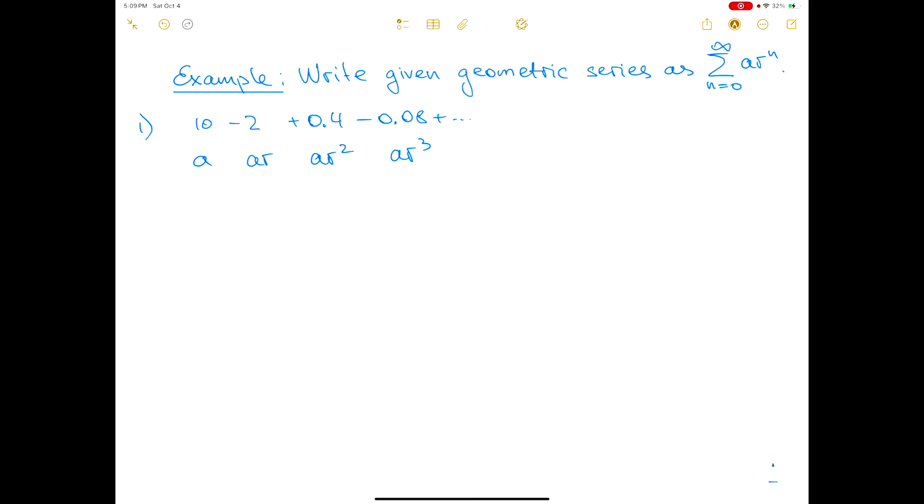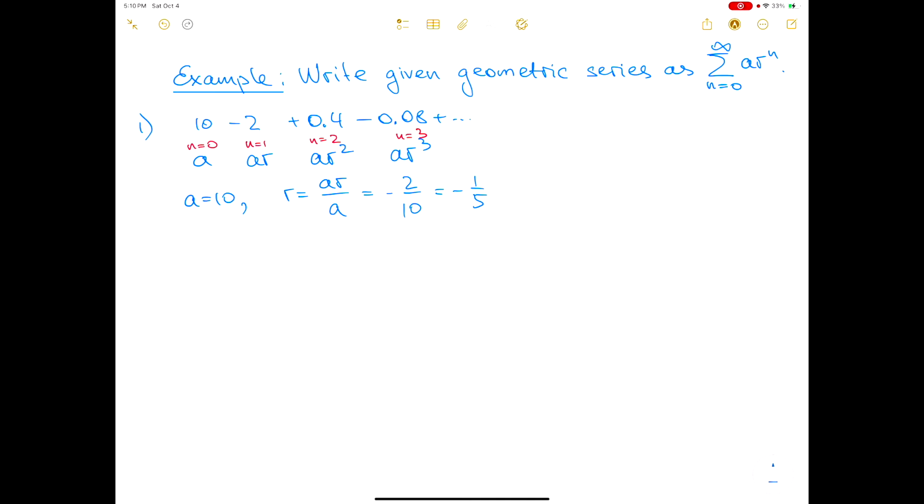Since we've been told that this is a geometric series and we would like our index to start from 0, let's set the very first term in this sum equal to a. Then our r is equal to the ratio of the following terms, ar to a: minus 2 over 10 is the same thing as minus 1 over 5.